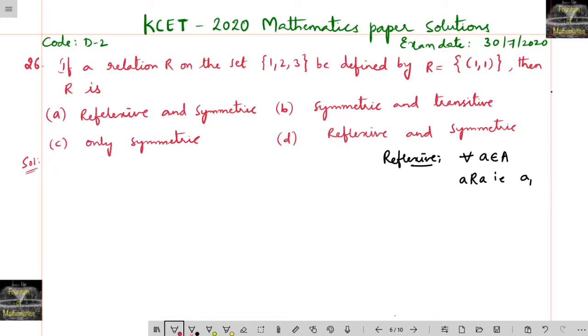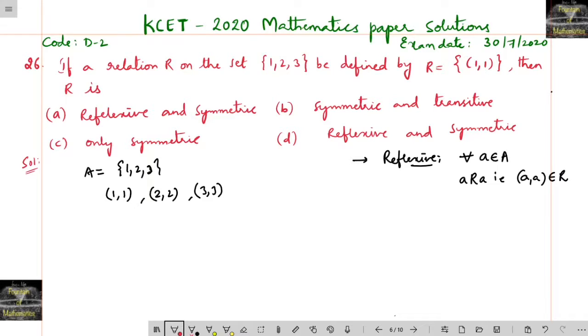That means the ordered pair (a, a) must belong to relation R. So in this case, suppose the given set A is equal to {1, 2, 3}. For every element in A, like (1, 1), (2, 2) and (3, 3), these ordered pairs must be there in the relation. Then we can say the relation is reflexive.